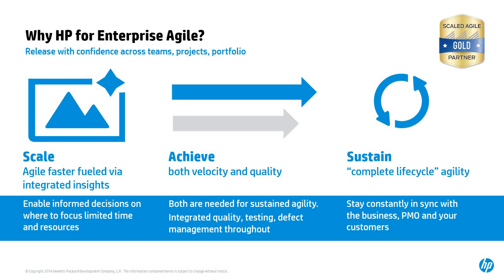And you'll notice in the top right-hand corner we have a little logo from the Scaled Agile Framework organization. This is an organization completely independent of HP that goes around and certifies people, processes, and products that meet the Scaled Agile Framework, meaning that they can take everything that you do all the way from your sprint teams, or if you're doing Kanban, all the way up through to the enterprise level. Next slide, please, Dan.